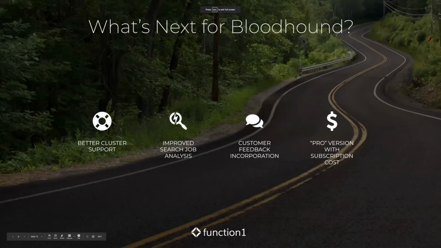Some of the things that we have planned for the next releases of Bloodhound are better search head cluster support, more detailed search job analysis. We've gotten some feedback from customers that are using it currently that we're trying to incorporate as well.